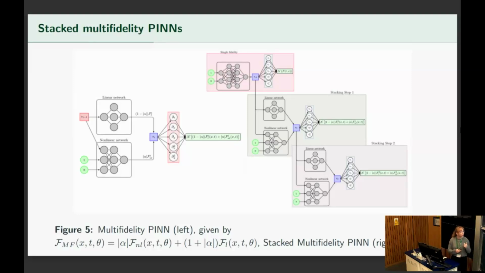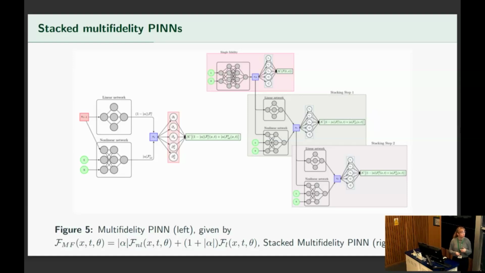Multi-fidelity neural networks operate under the assumption that we can reach an accurate prediction for our PDE by learning the correlation between a low fidelity approximation of our system and a high fidelity approximation. We do this by learning a linear and nonlinear correlation between a low and high fidelity approximation to our system. Then the output is given by a convex combination of a linear neural network and a nonlinear neural network.